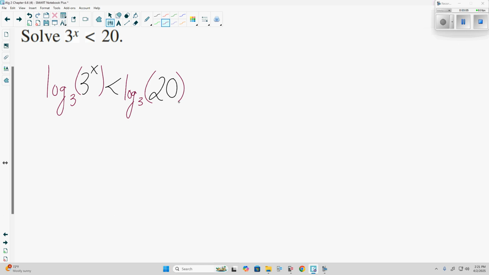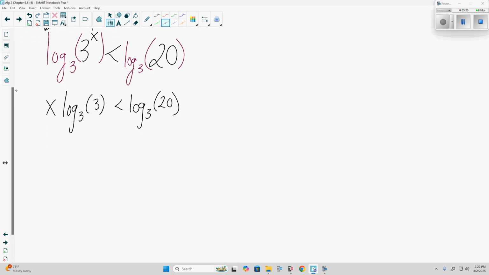Because taking the logarithm, our properties of logarithms, says that we can move the variable to the front. Questions on this so far? Well, log base 3 of 3 is 1.